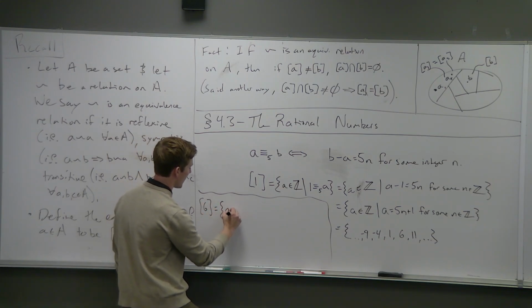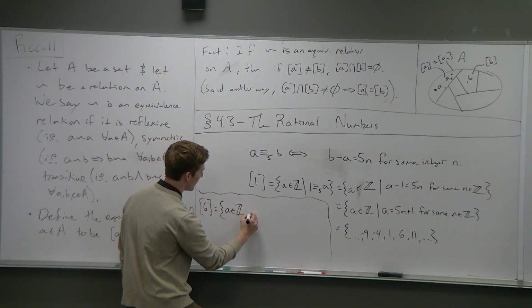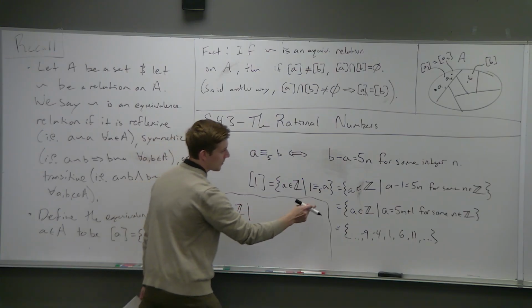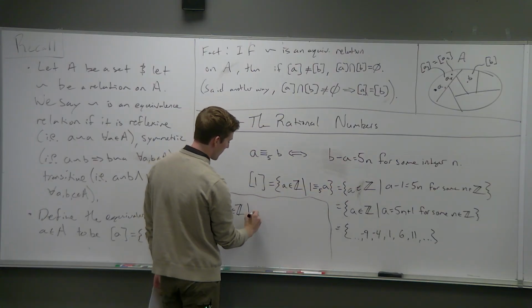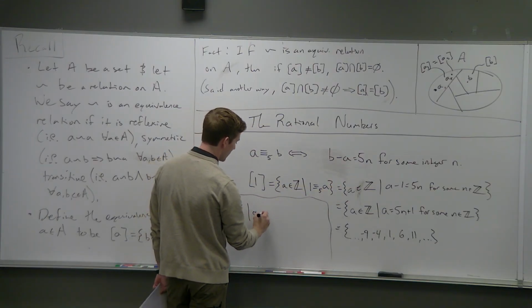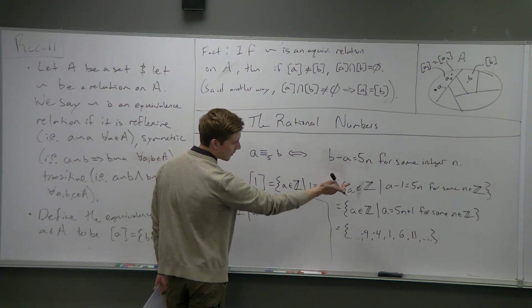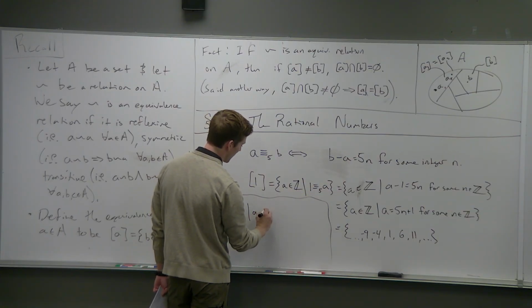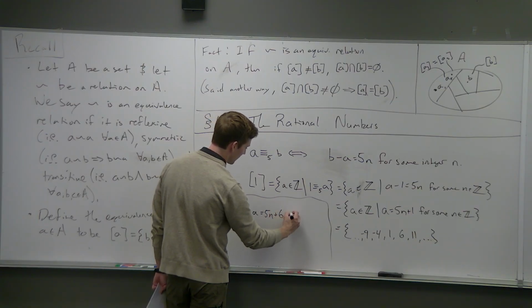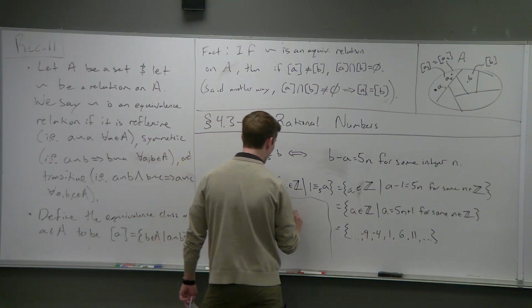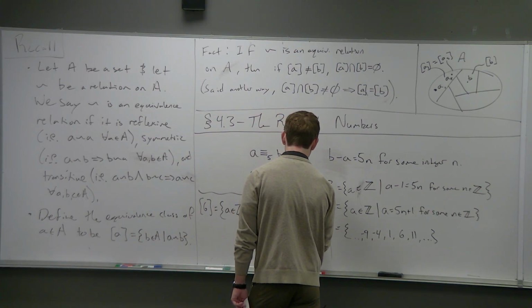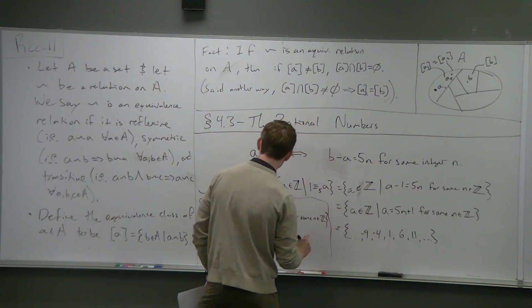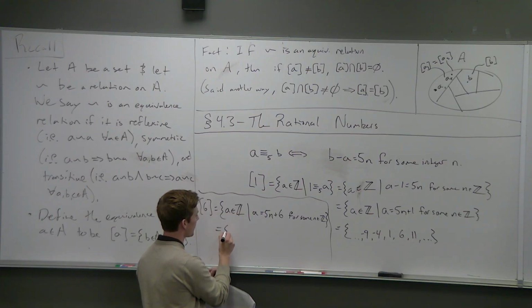Well, this is the set of a in the integers such that, skipping this first step right here, a minus 1 is 5n, but if you permit me to go, a is 5n plus 6 now, for some n in the integers.